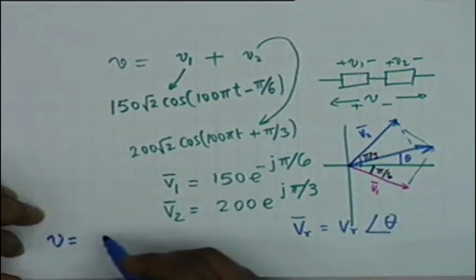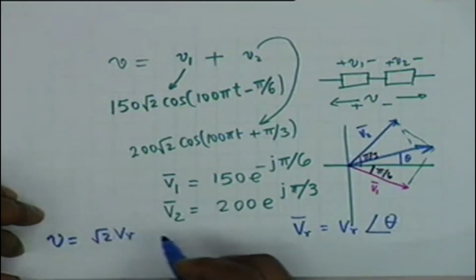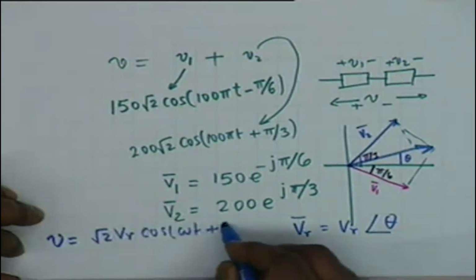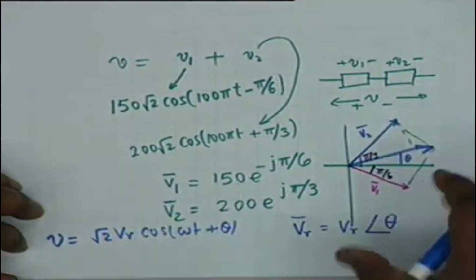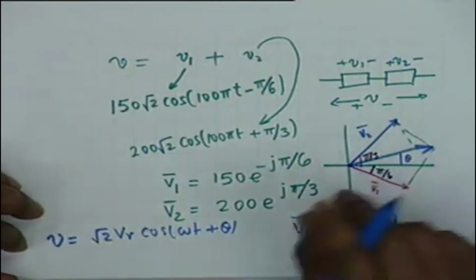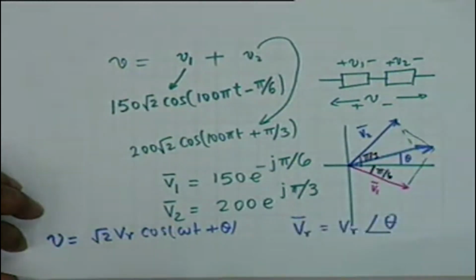Resultant would be root 2 VR cosine of omega t plus theta. As simple as that. Question is, how accurate is the graphical measurement? You represent it on a graph and you measure it. How accurate is it? Well, you don't have to worry, because you could do it analytically also.